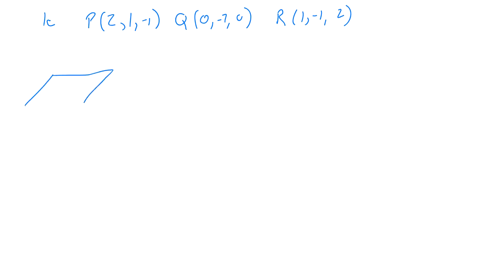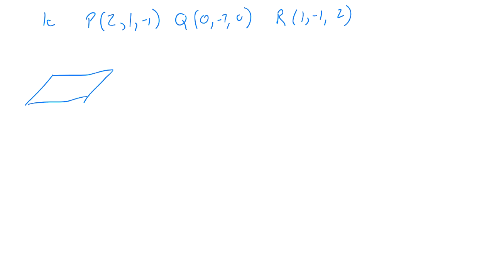So I give you 3 points, and I ask you to find an equation for the plane that contains them. So here's one basic thing that you need to know when you're writing the equation for a plane.